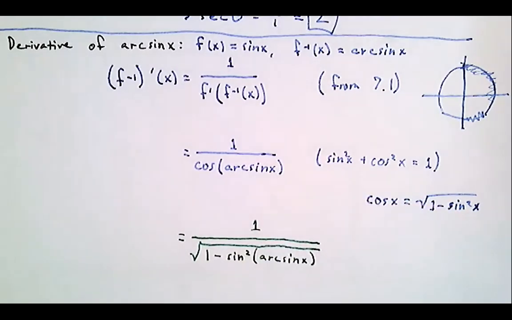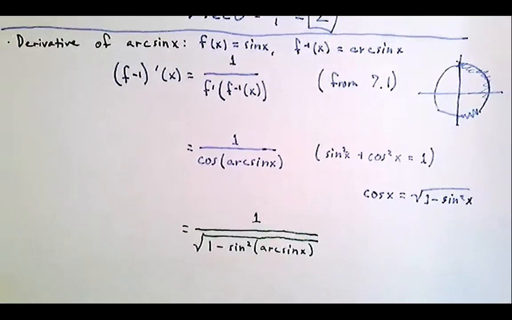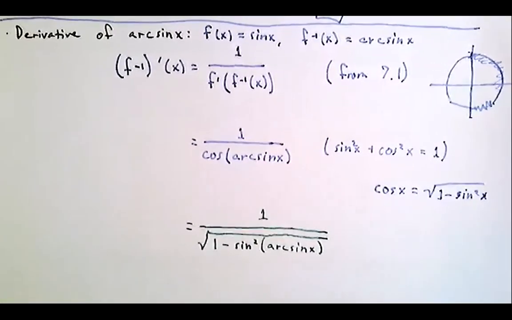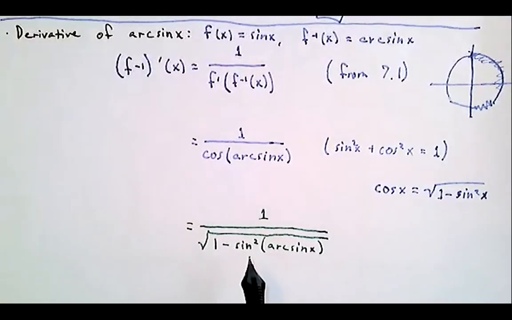Still have a 1 on top. And now we can use the fact that sine is the inverse of arc sine and vice versa. So those two actually will just disappear. The sine and the arc sine will go away. All that is going to be left is the input x, and then that's getting squared.